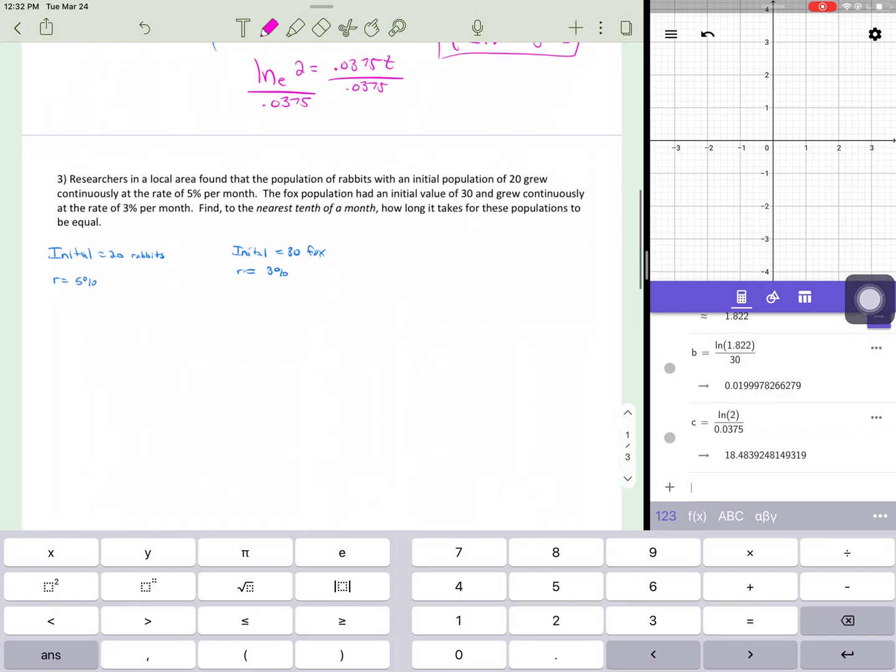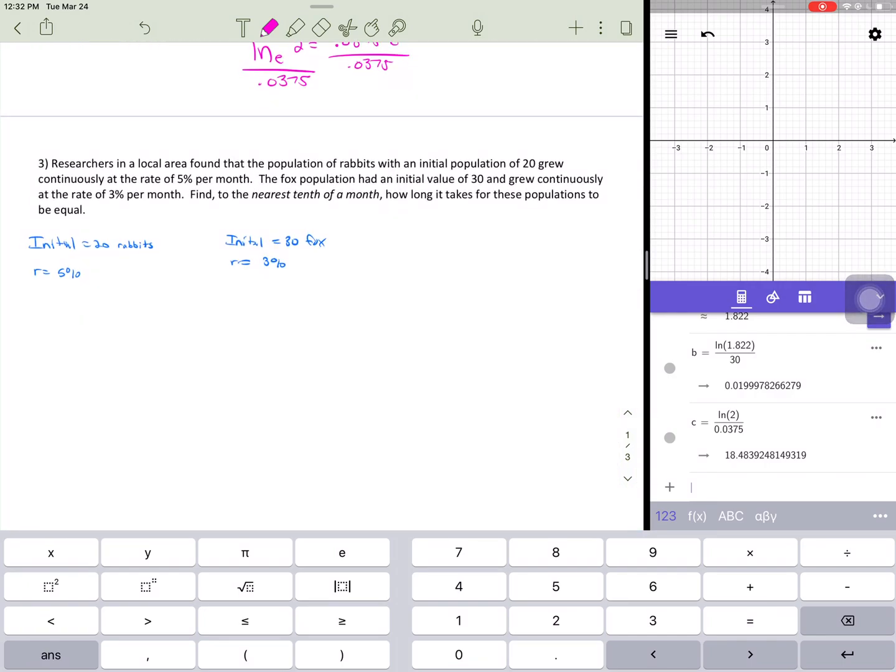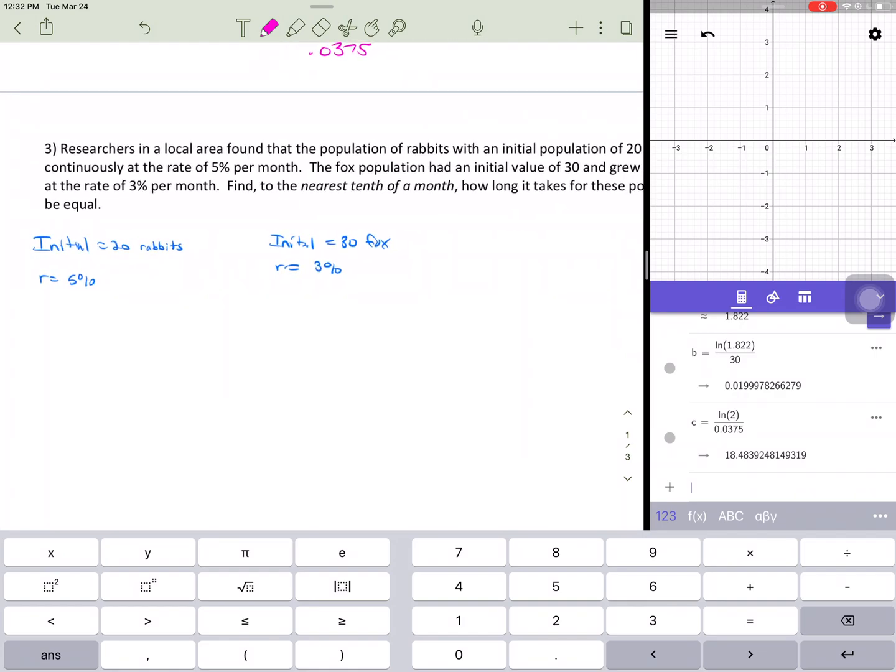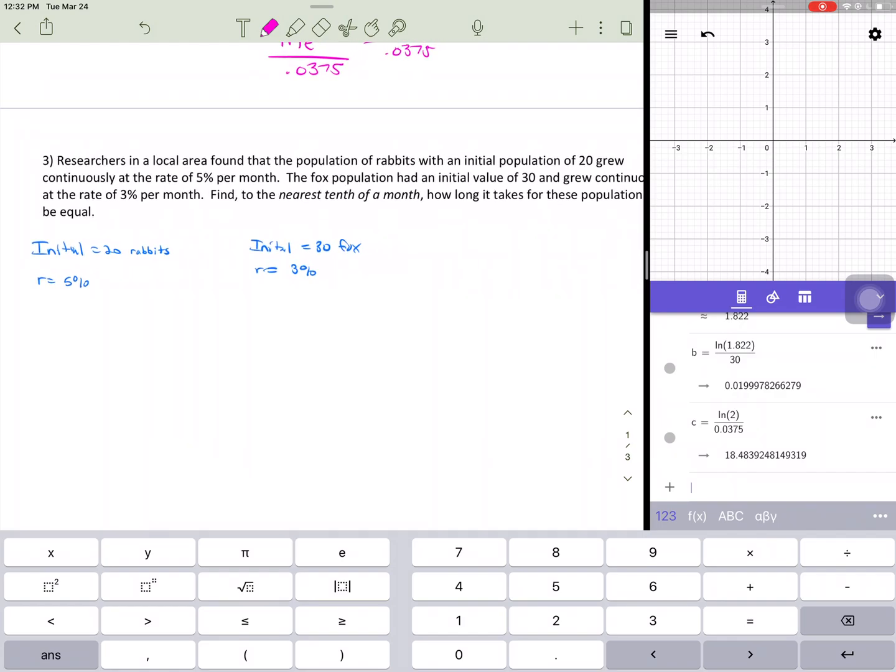All right, last one. Researchers at a local area found that the population of rabbits had an initial population of 20, and it grew continuously at the rate of 5% per month. So the initial is 20 rabbits at a rate of 5%. So your formula will be, let's call it R of t, the number of rabbits, equals 20 e to the 0.05t.